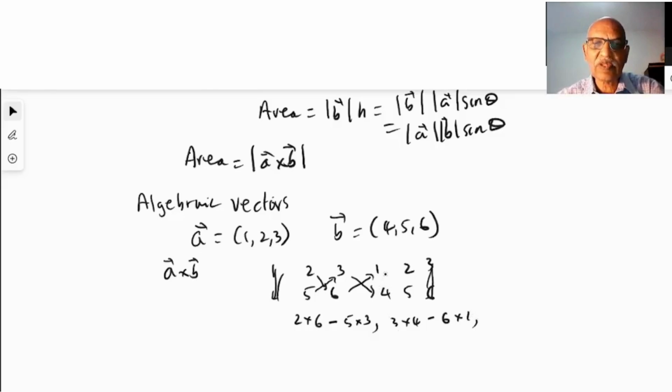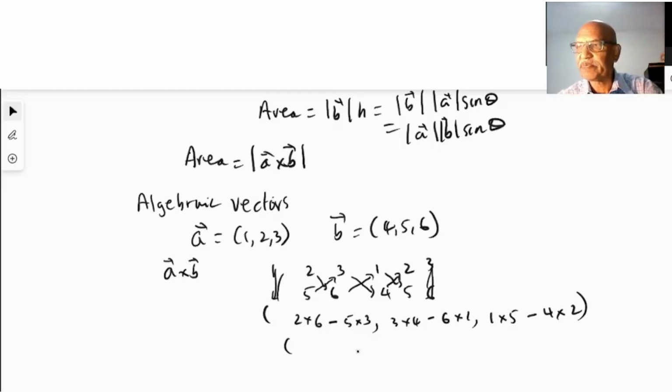Then the last one would be 1 times 5 minus 4 times 2. Then I simplify this, 12 minus 15, which is minus 3, minus 6, and minus 3.